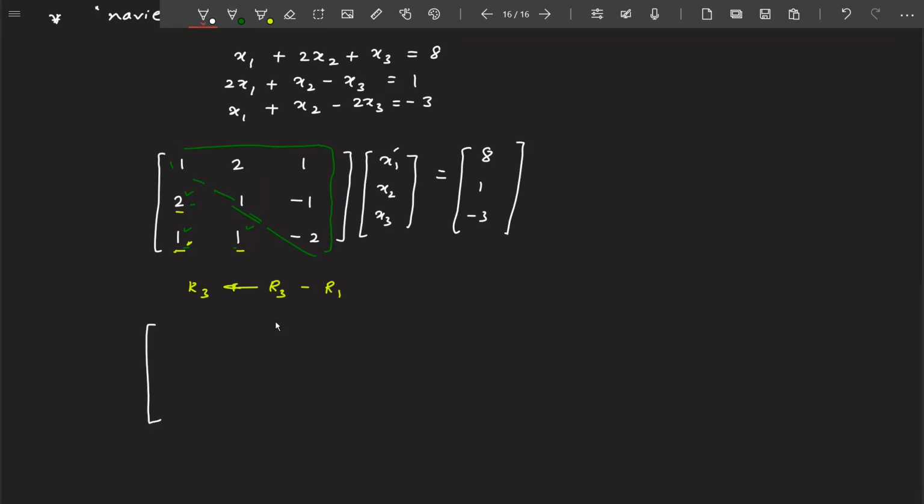This is going to be 1 2 1. You just have to write down the first row, because nothing is going to change in the first row. You just have to write down the first row and second row as they are. Whatever transformation you do on this side, you also have to do on this side. So understand, this is very important.